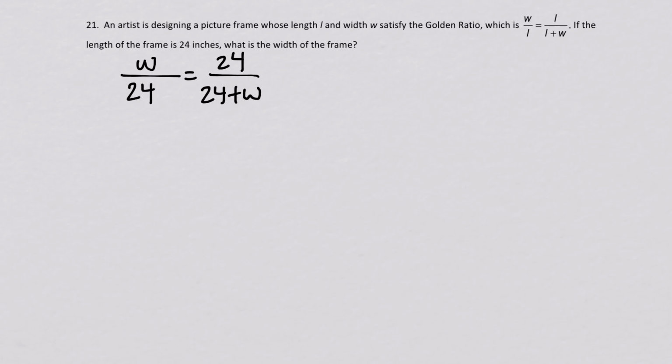So I'm going to start like I always do by finding the LCD. In this case, the LCD is going to be 24 times 24 plus W. It's not just 24 plus W. You have to include this one and these two together because of the plus sign right there.